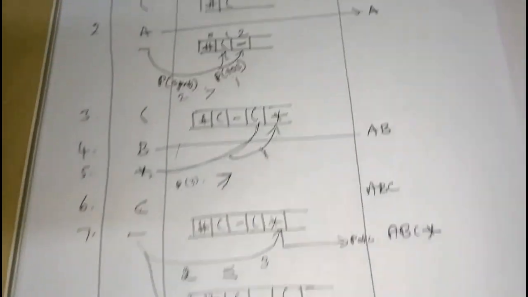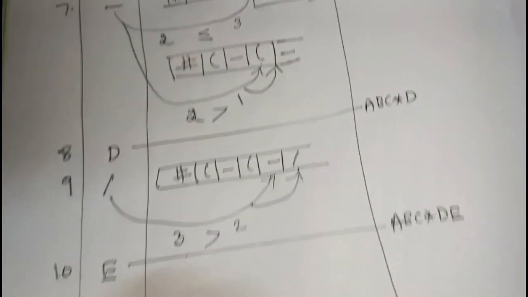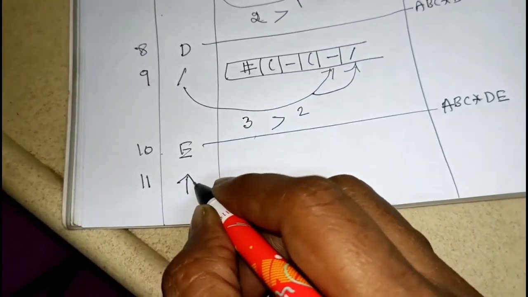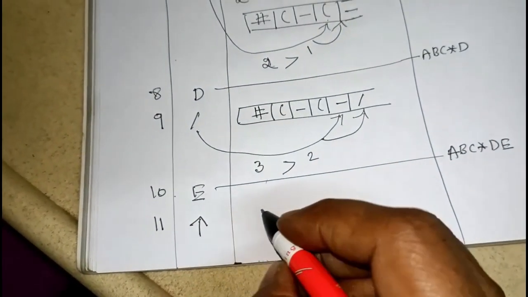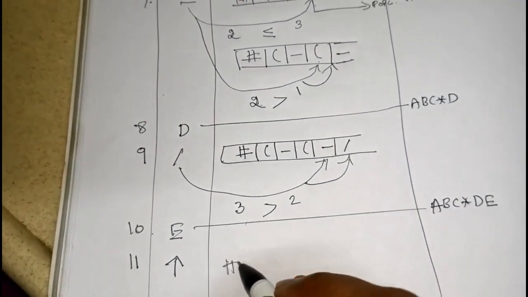The 11th symbol is cap. That is, you can also have an arrow mark like this, which means it is power. So this power will be compared with top of the stack.